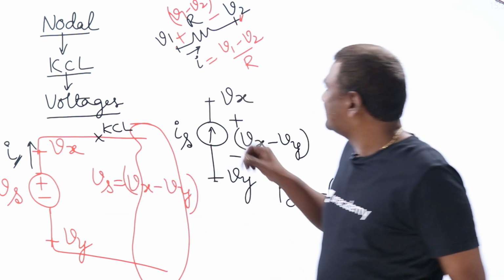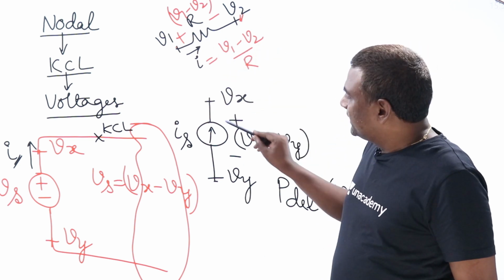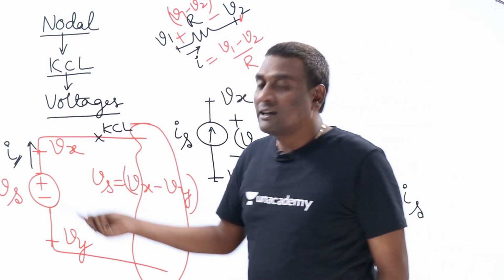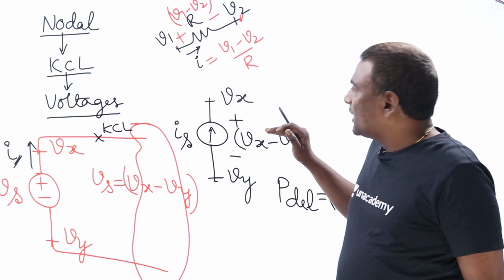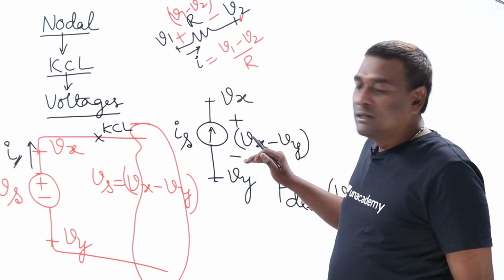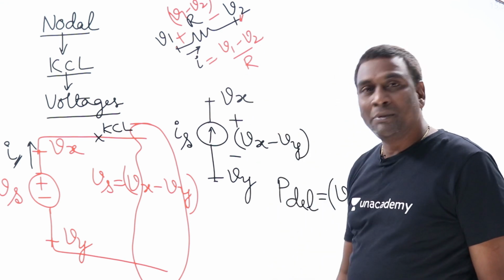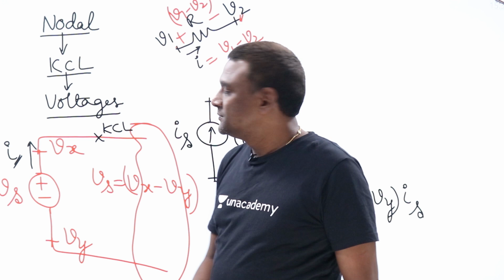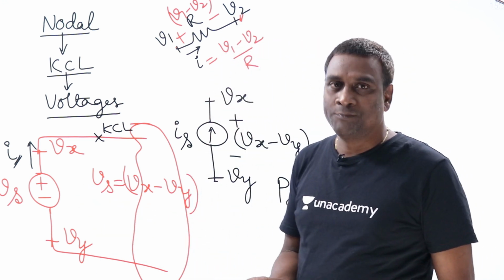Because directly with KCL, for example, here V1 minus V2 by R is going to be the current flowing. Here already current is known, but here current cannot be found. Okay. Now, if you have current sources and if you have resistances or impedances or passive elements, then application of KCL is going to be direct. But here application of KCL is going to be indirect, which is called supernode.